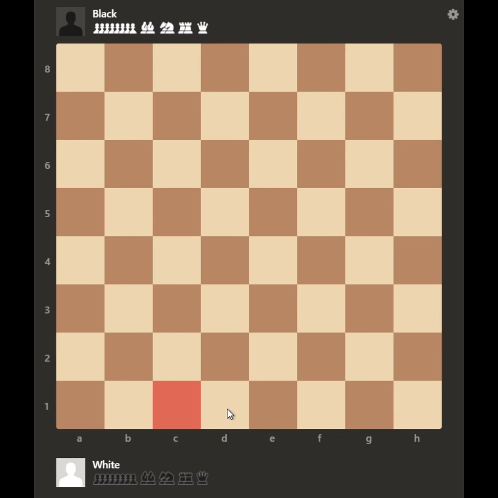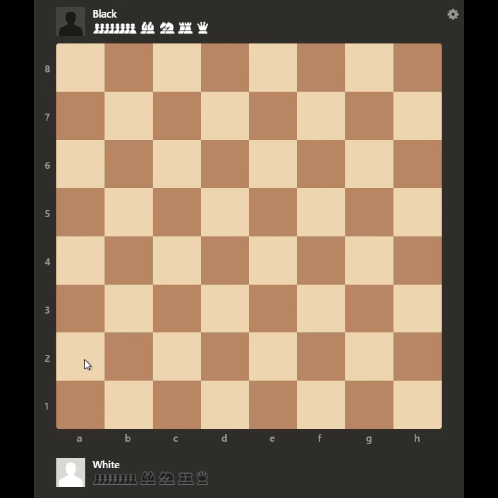For example, this one is d1, this square e1, right? In the same manner you can find out the notations of all the squares.